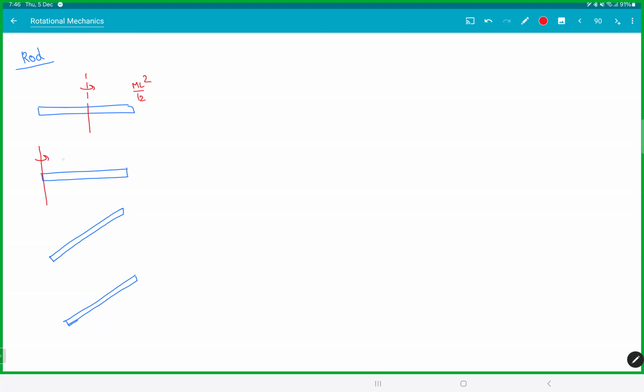You need to mug up these results. About the end, ml square by 3. At an angle, ml square by 12 sine square theta. And ml square by 3 sine square theta.